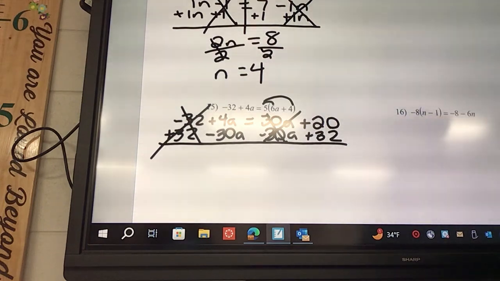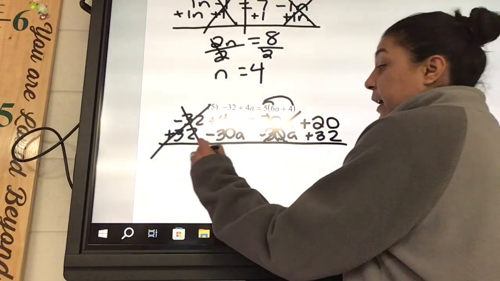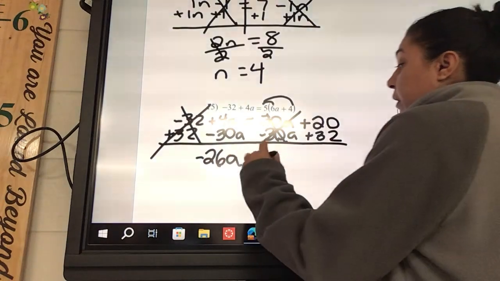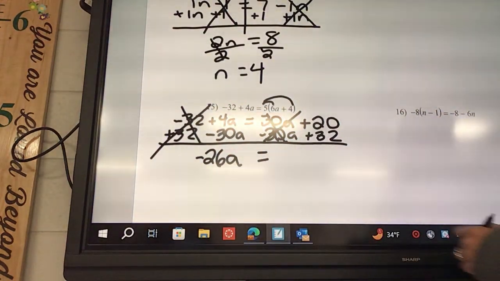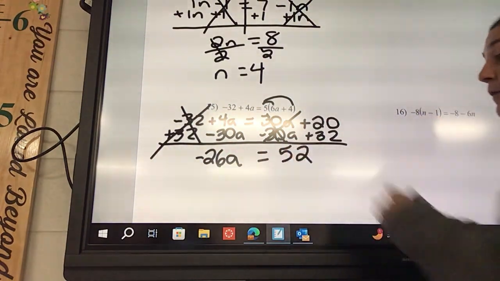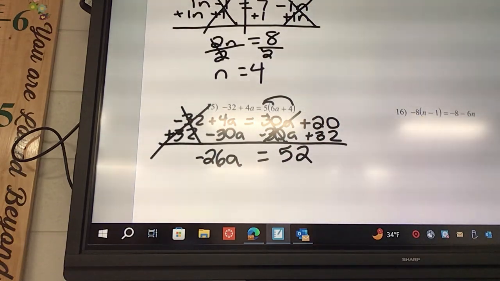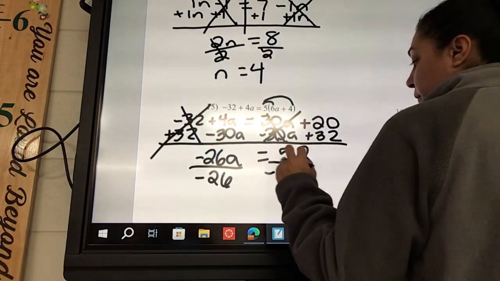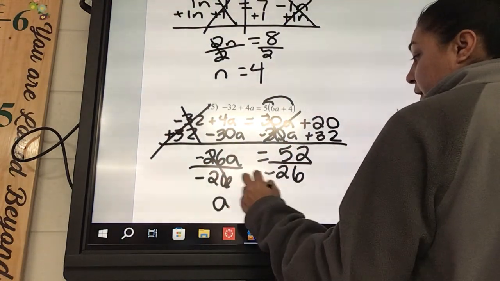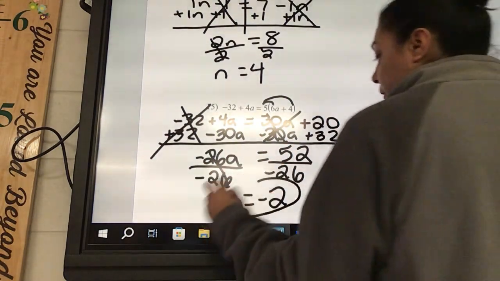Okay, and 4 plus a negative 30 is gonna be negative 26a. And then I'm gonna get a 52 on this side. Okay, and then I'm gonna divide by negative 26 on both sides. And that's gonna give me a negative 2.